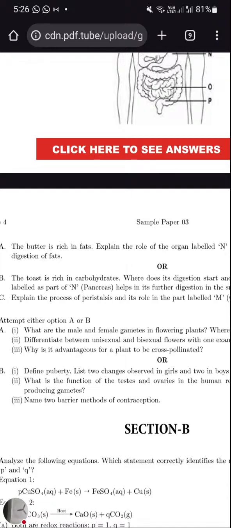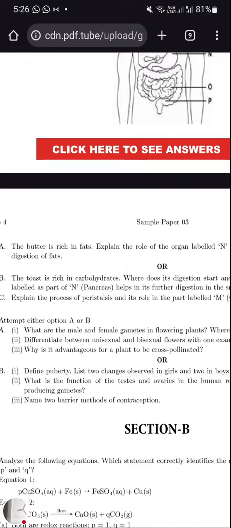The small intestine also secretes intestinal juice, which completes the digestion. The pancreas secretes lipase, which helps in the digestion of emulsified fat.